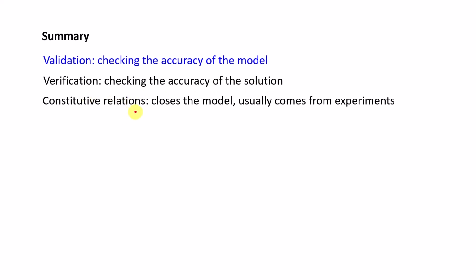And third is constitutive relation, the relations that will close the model, in the sense that they will give us an equal number of unknowns as the equations. And this kind of relation usually comes from experiments, but they may also come from numerical simulation.